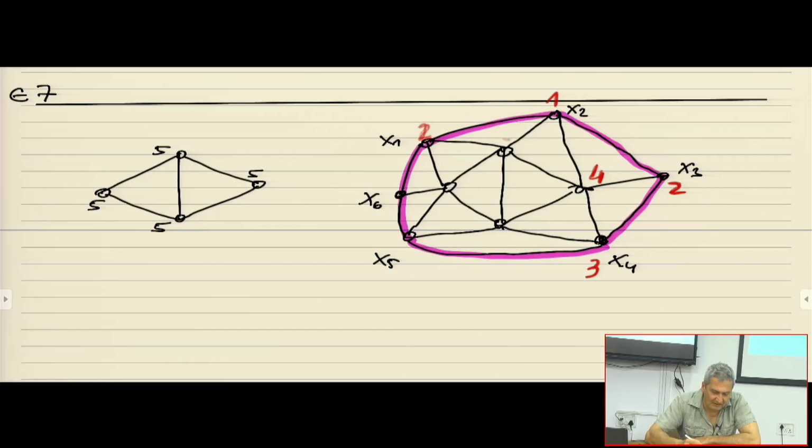So I would like to have here 3 or 1 maybe. No, I cannot have 1. Let's have here 2. And here I have 1. And maybe here I have 3. I'm still forcing here 4.